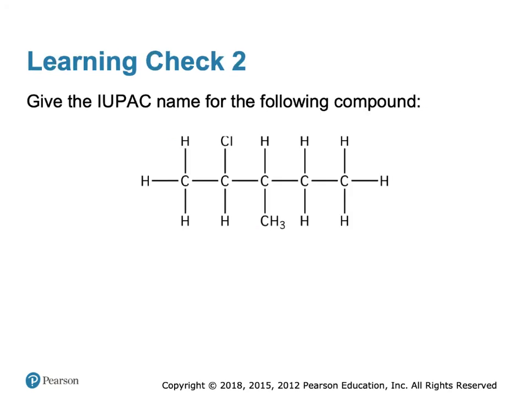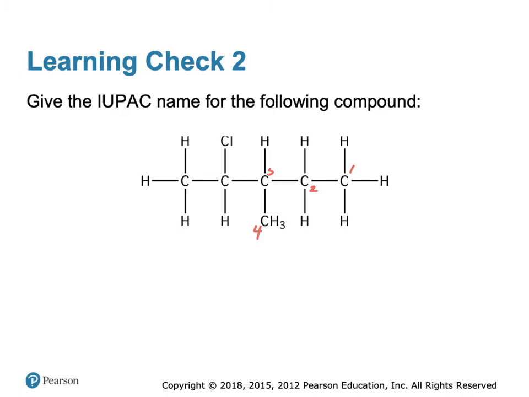Let's look at this example, this learning check. What I'd like you to do is not pause the video, but actually go through and listen to me as I do this. Okay. Let's count the longest continuous chain of carbons that we have. If I were to count here, I would see that I have 1, 2, 3, 4 carbons in a row. And then it would look like we have a branch point.